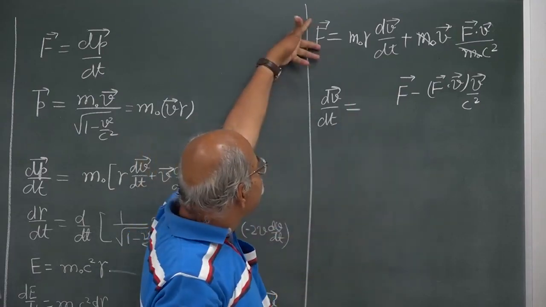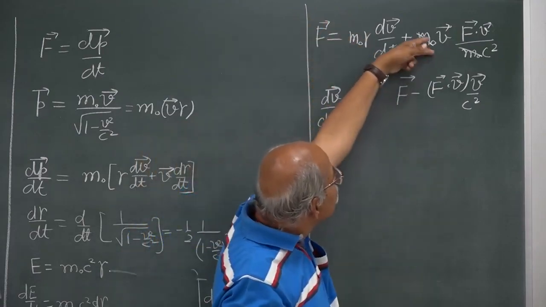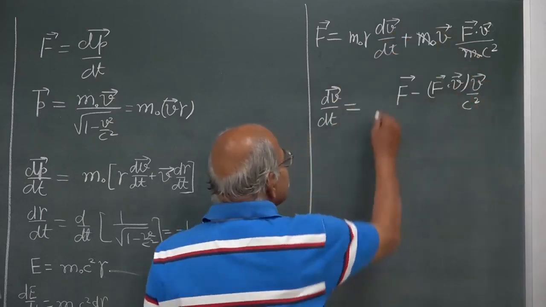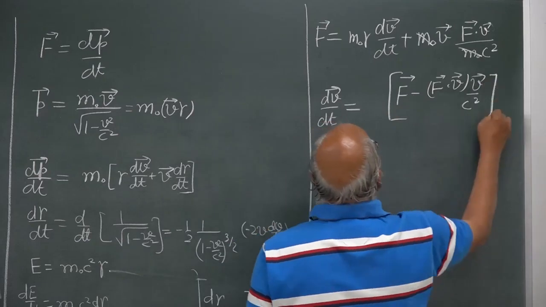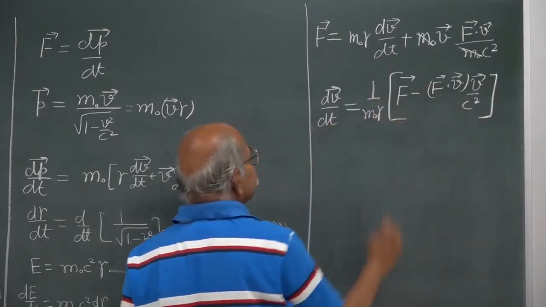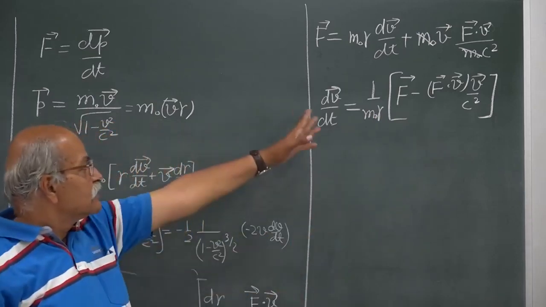So, this is F minus F dot v, v by c square, and this whole thing times 1 by m naught gamma. Okay, so that is dv/dt.